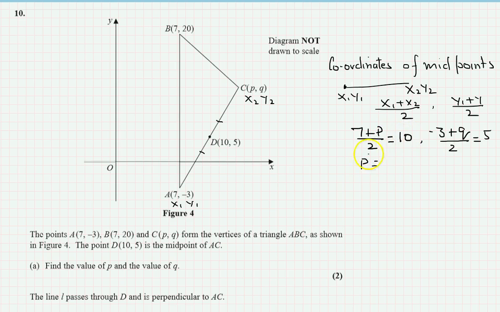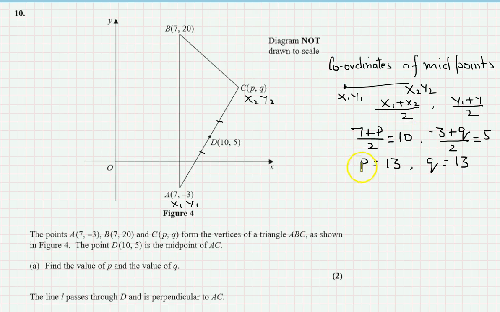So p will be 20 minus 7, that is 13, and q will be 10 plus 3, 13.